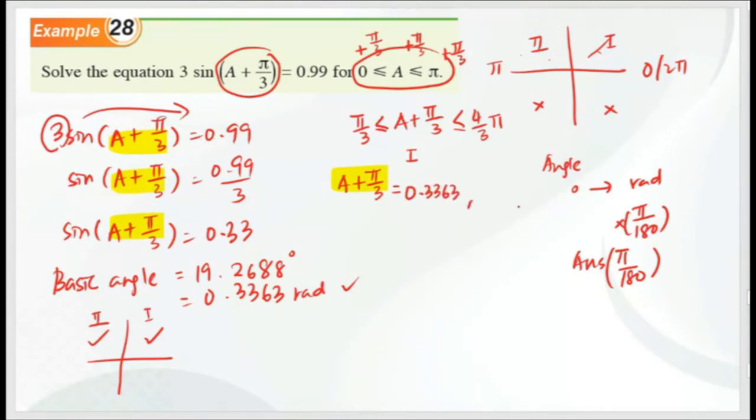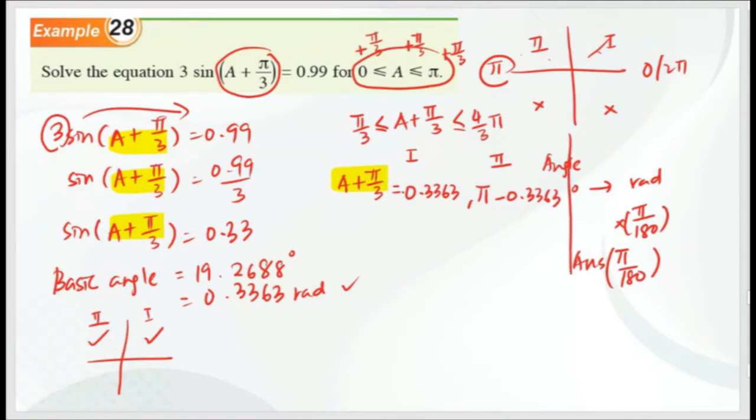0.3363. Then the second quadrant is 180 minus 0.3363. Second quadrant is 180, and 180 is pi, changed to radian. So it's pi minus 0.3363.